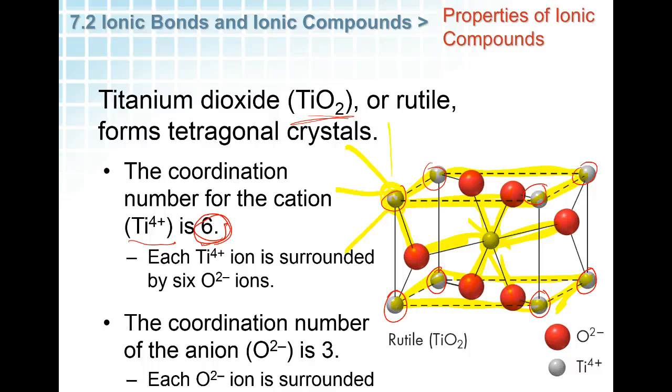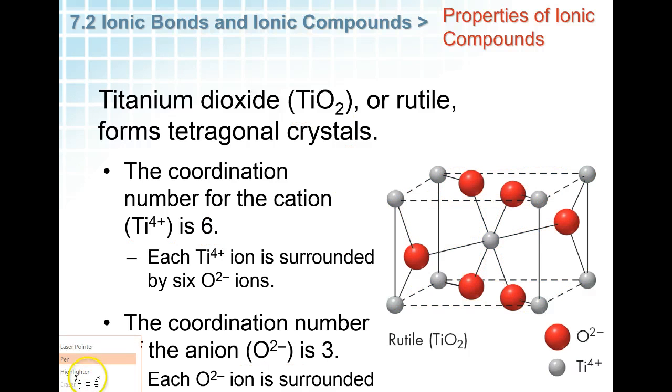When you look at the opposite ion in titanium dioxide, it has a different coordination number. So now, if I'm considering the oxygen ions, that coordination number is 3. Simply meaning, let's clear that whole slide. There we go.